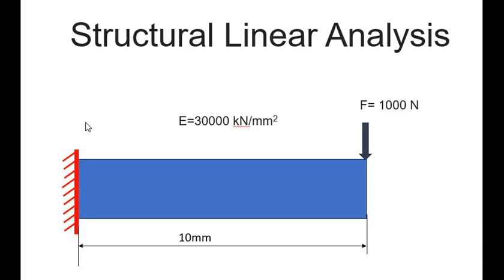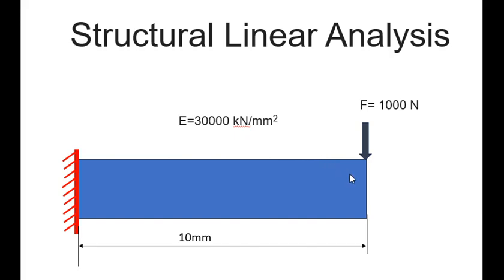Okay, let's start the structural analysis problem in Lisa software. So we have to take the nodes and make one model. Okay, and one end of this bar is fixed and it has a uniform cross section, and a 1000 Newton force is applied at one end and Young's modulus is 30,000 kilonewton.